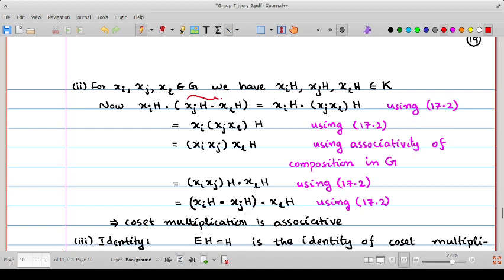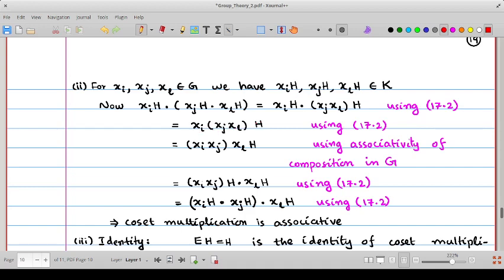But then this is nothing but Xj times Xl times H, the coset given by that. And again, using the property of coset multiplication, this is simply equal to Xi times this multiplying H. So Xi, then within bracket this element, so XjXl times H.